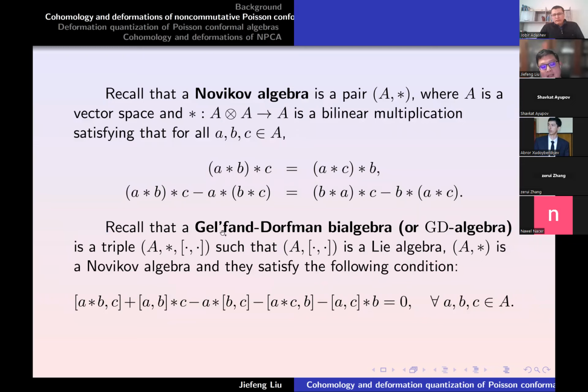It's well known that quadratic conformal algebras are equivalent to Gelfand-Dorfman bialgebras. So we recall this notion, which is a triple such that (A, [,]) is a Lie algebra, (A, ∗) is a Novikov algebra, and they satisfy the following condition.